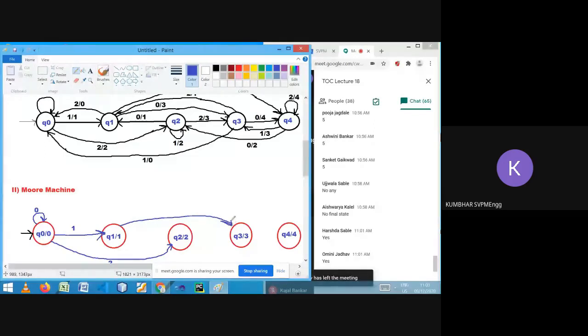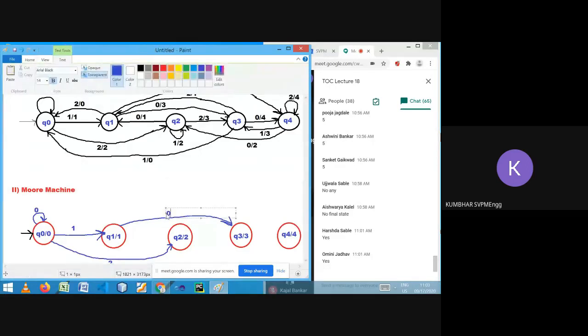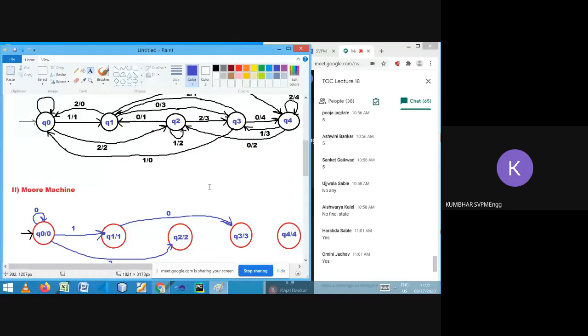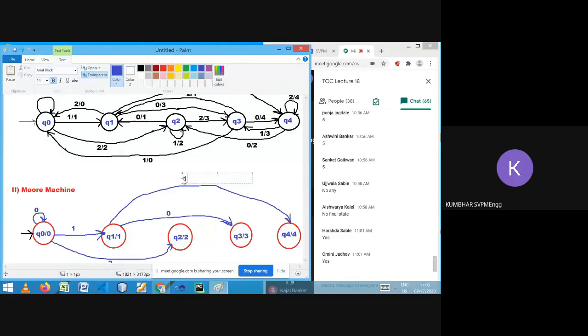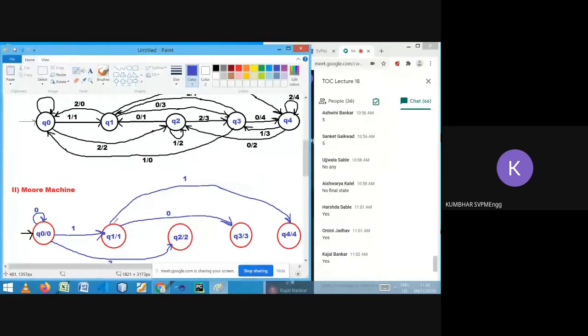Let me write that. And only input you have to write. Q1 on 1 means it becomes 4. So it will go to the remainder state of 4. Am I correct? Are you with me? Yes, input is 1. And if input is 2, it will form a number which is fully divisible by 5.